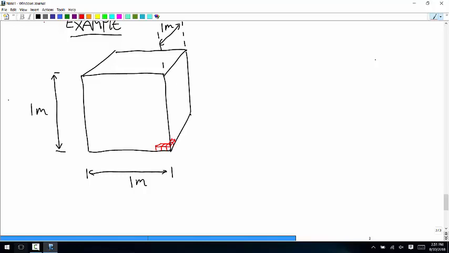Centimeters, yeah. So we're going to use the fact that 1 meter is 100 centimeters. At first glance, it's not real obvious that this is a conversion problem, but it really is.